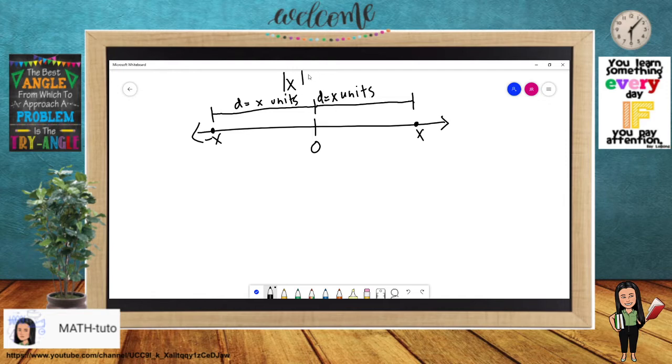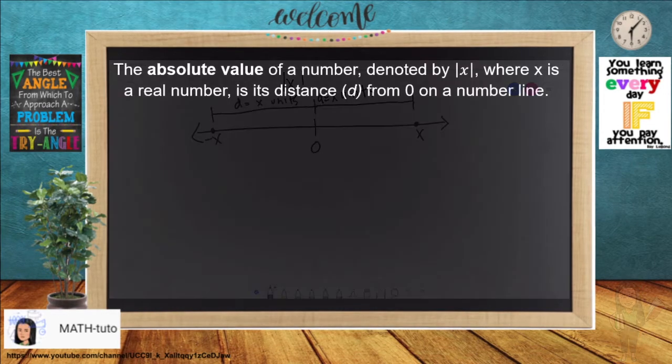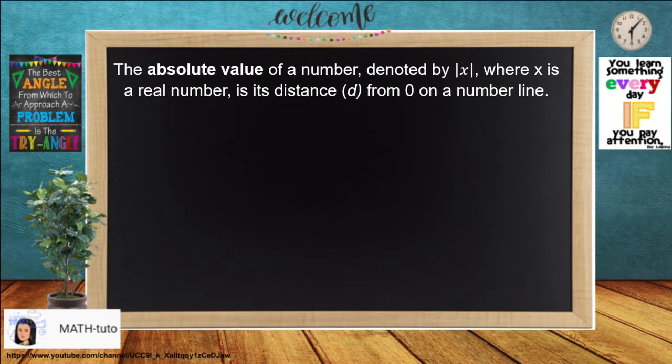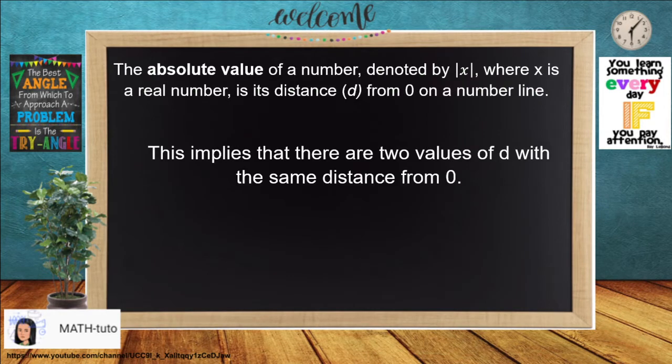Okay. Since absolute value only talks about distance, it is always equal to a positive number. But the value of x here can either be negative x or positive x, because there are two points on the number line that represent the same distance, which is x. So this means that there are 2 points or 2 values with the same distance from 0.